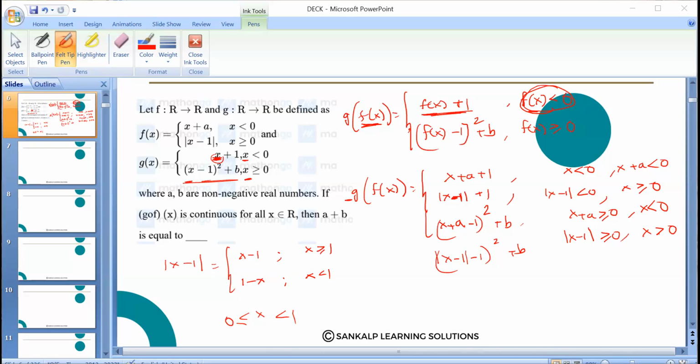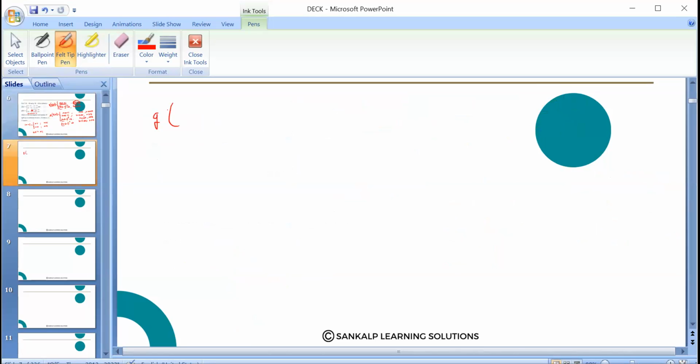Once you understand this, we can write the next step, g of f of x.